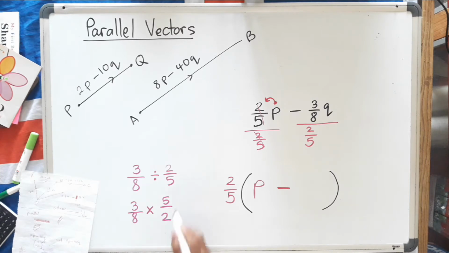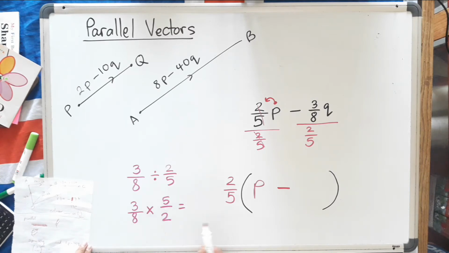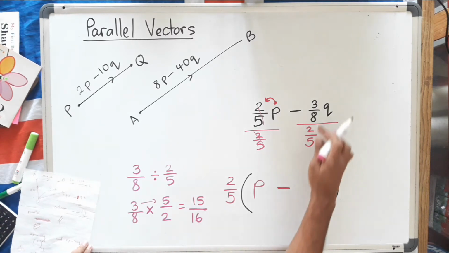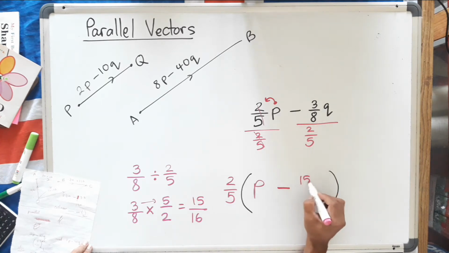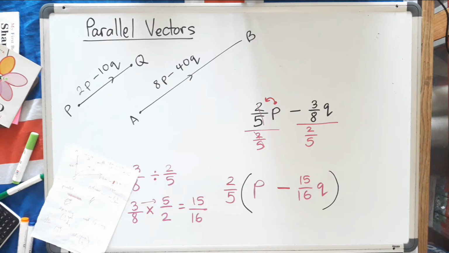So, what will we get here? Well, there's nothing that can cancel out here, so we are forced to multiply 3 and 5 to get 15, and 8 by 2 is 16. So when we divide this by this, we get 15/16 Q. And that's my answer. We have just factorized that expression.